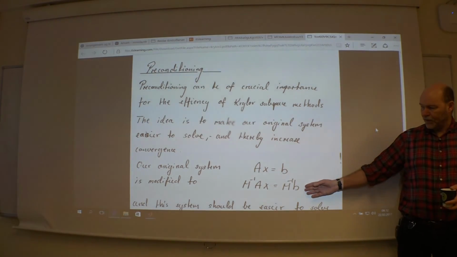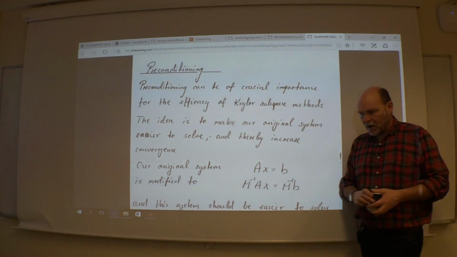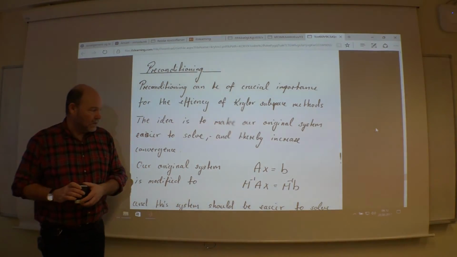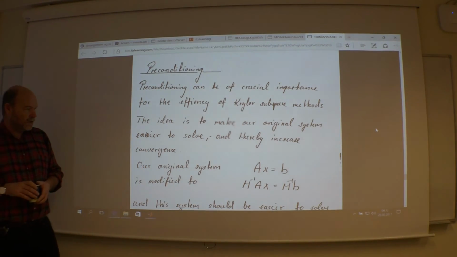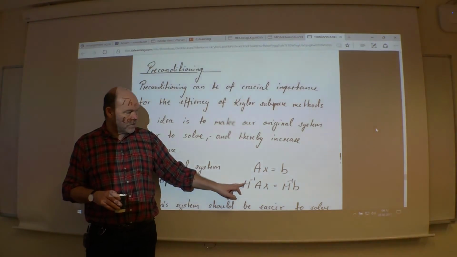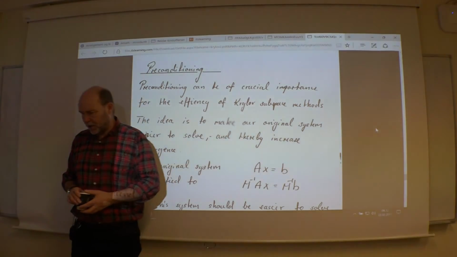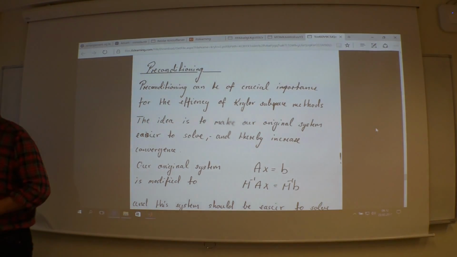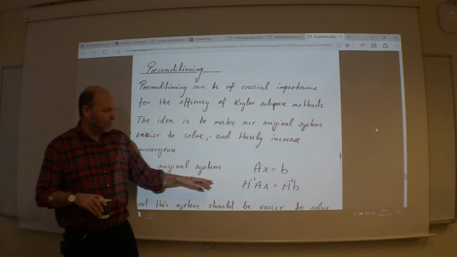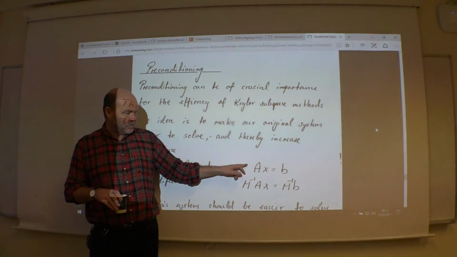We just modify it a little bit. We try to make an improvement before we begin. And the improvement reads something like this. You have an M inverse matrix, multiply on each side. And this M inverse should now be helping for solving this problem.